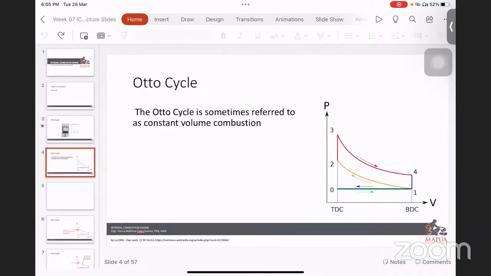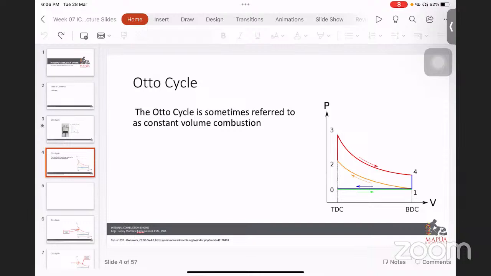The Otto cycle or the four-stroke cycle is sometimes referred to as a constant volume combustion. So as you can see, yung volume at process 1 to 4 at yung process 3 to 2, constant yung volume niya, same volume. Whatever with energy in is energy out, volume in is equal to volume out. So yun yung principle na ginagamit natin.